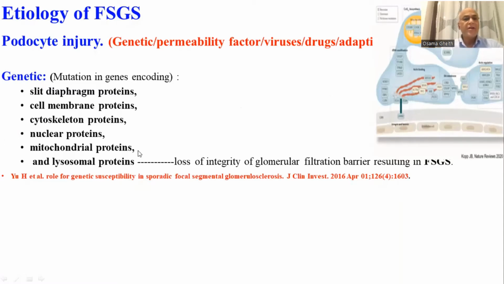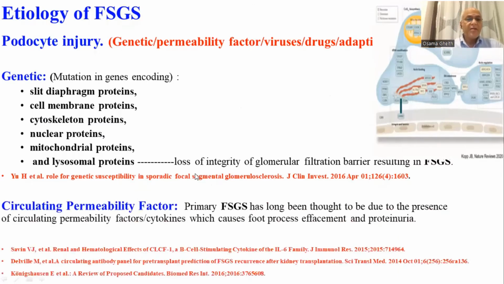If there is disturbance in the structure of these proteins, it results in loss of integrity of the glomerular filtration barrier, resulting in FSGS. Circulating permeability factor is an unknown factor, and its presence results in increased permeability, foot process effacement, and proteinuria.